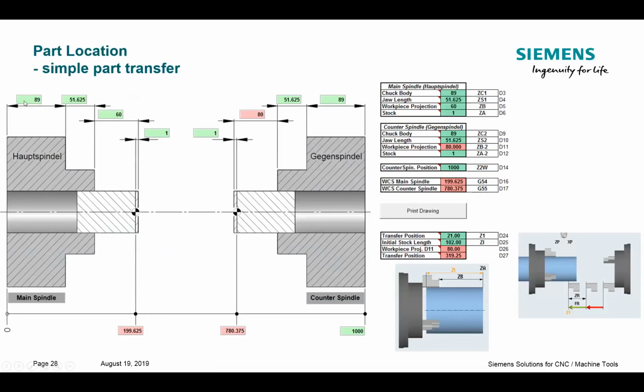What you're going to do is, anywhere you see green, that's where you fill out. Anything that's red is calculated for you by the spreadsheet. You can fill out the greens on the side, or you can fill them out in these fields. So you fill out your chuck dimensions, jaw dimensions, and how much you want the part to stick out, accommodating for the material you want to take as a facing cut.